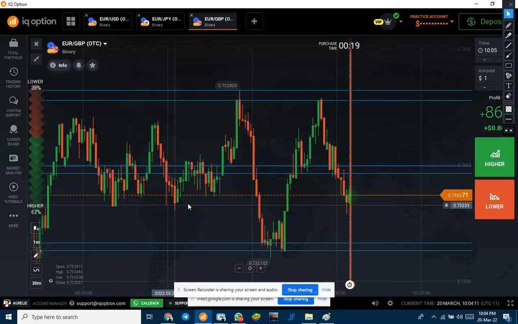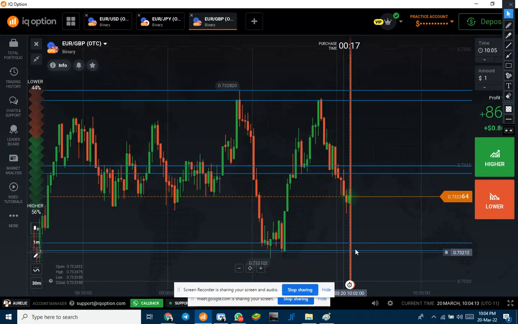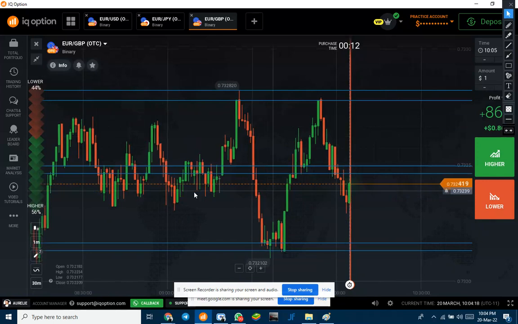Well, we can still see the market reverse here, but I'm targeting this level. According to this momentum I'm seeing here, I don't expect the market to reverse so soon.